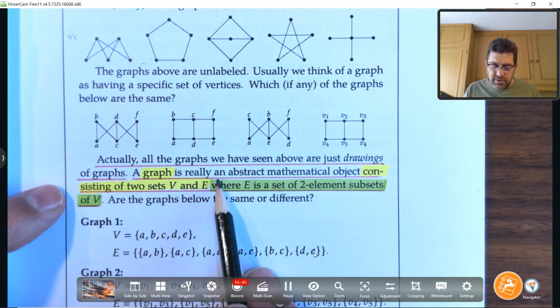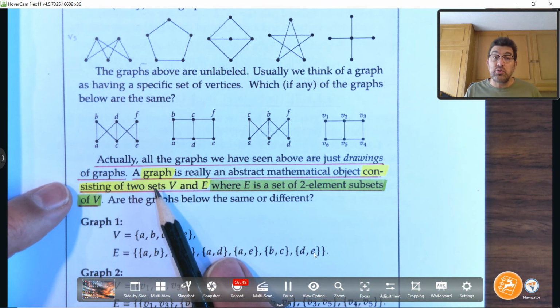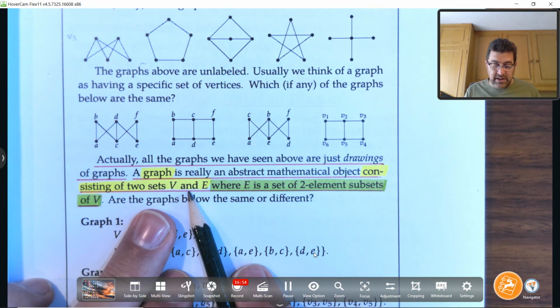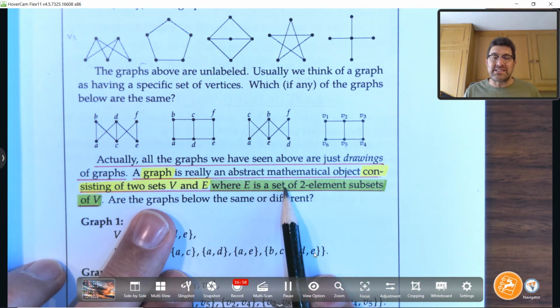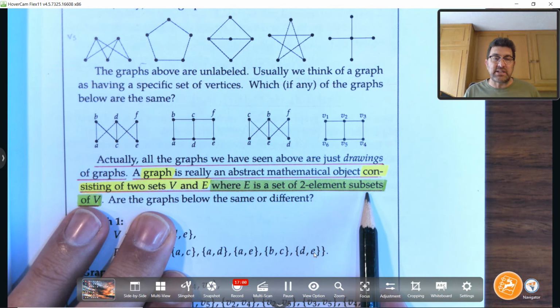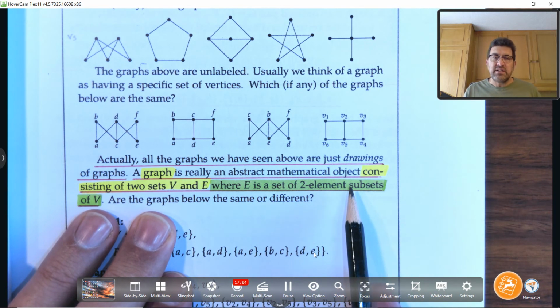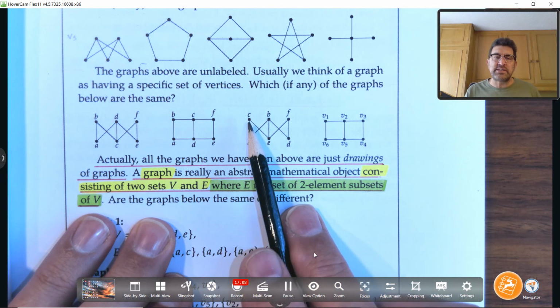So a graph is really an abstract mathematical object consisting of two sets, the one set being a vertex set and the other set being an edge set, where E is a set of two element subsets of V. Now what he means by that is if you talk about an edge, you talk about an edge as two vertices.